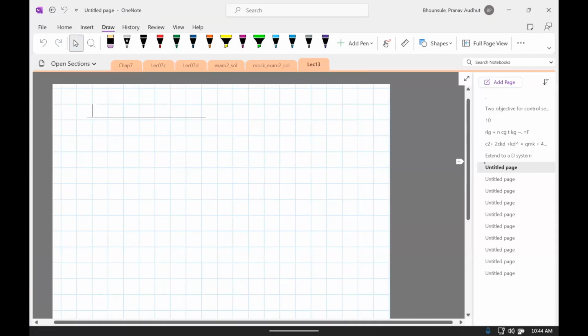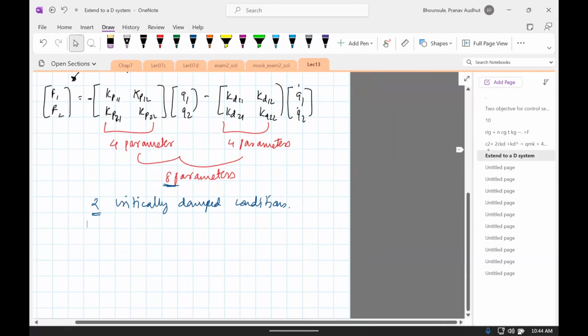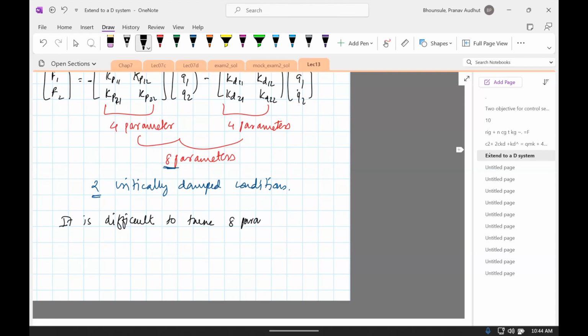This method is called feedback linearization, or sometimes control partitioning. So I'll write a note. It is difficult to tune 8 parameters with only two conditions.